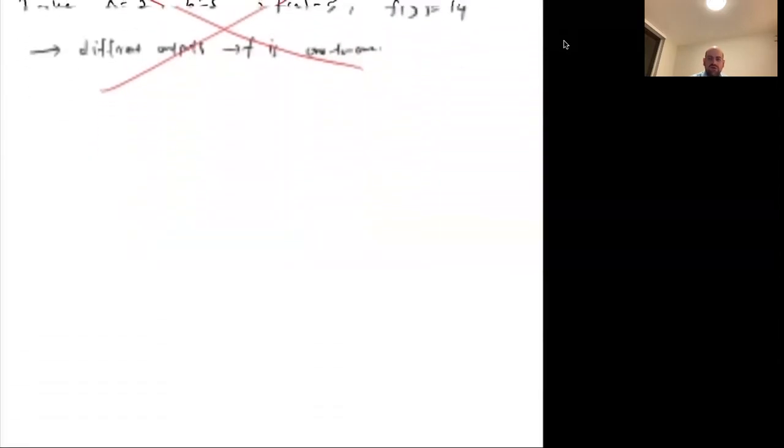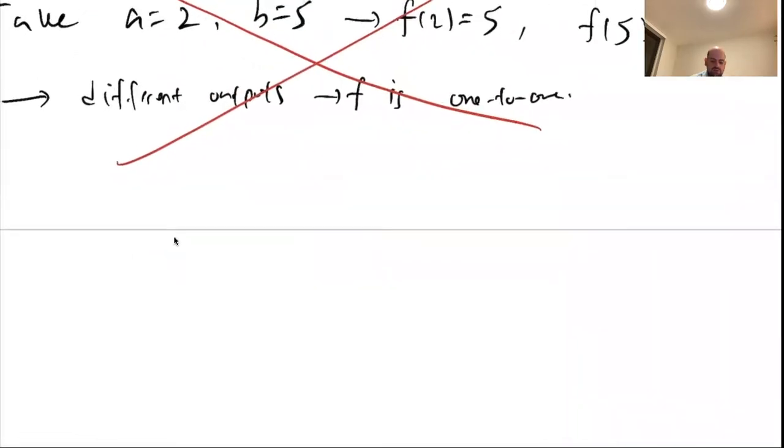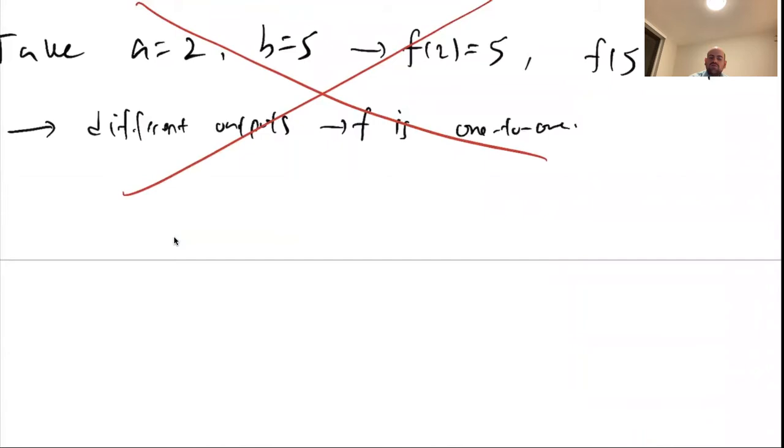Because we learned, in this course and also previous courses, that in mathematics, if you want to prove something, your proof has to be in general, not with examples. But if you want to show something is false, then you can give one example, which is called a counterexample.